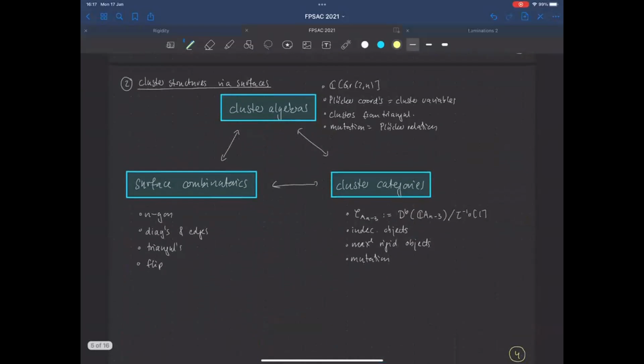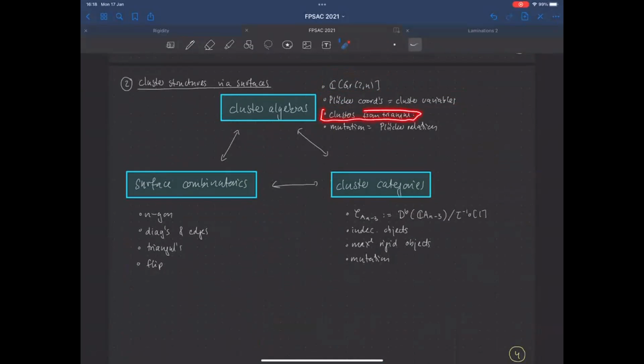So what is the philosophy behind using surface combinatorics to understand cluster algebras or cluster categories? We've seen this example of the Grassmannian of planes in C to the n. And all the Plücker coordinates are these cluster variables, which we would want to have for the cluster algebra.